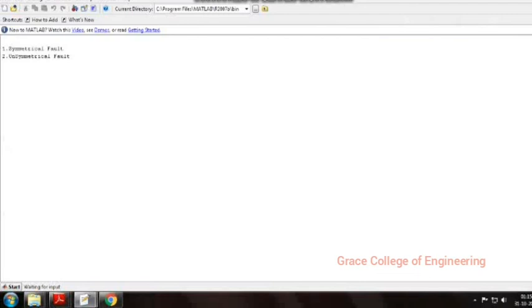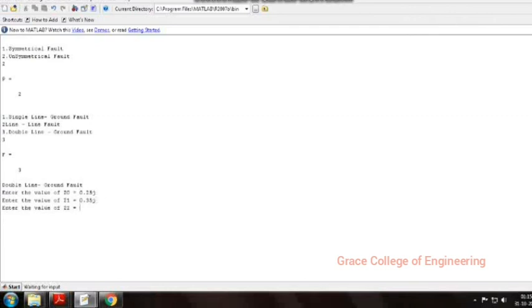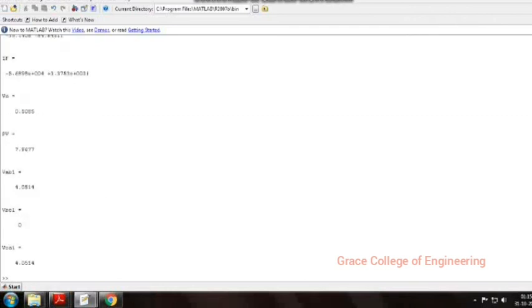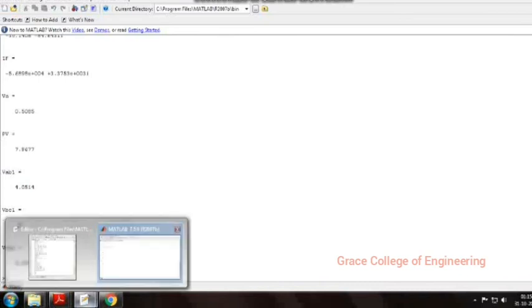Similarly, we can get the output for double line to ground fault. Here also, Z0 is 0.25j, Z1 is 0.35j, Z2 is 0.1j, and we can get the output.